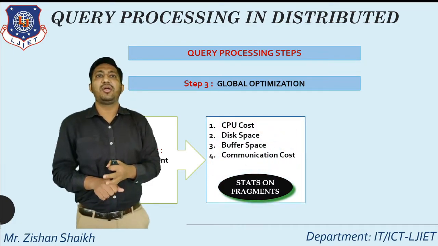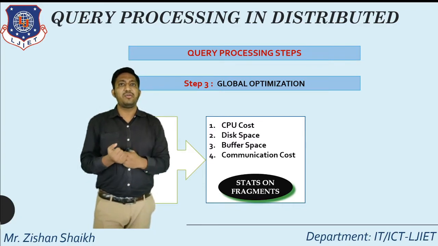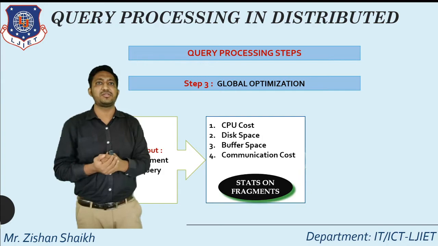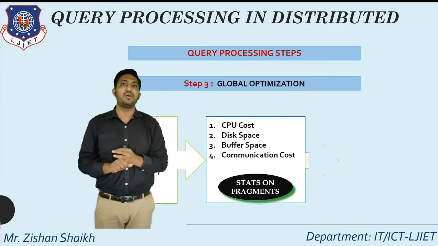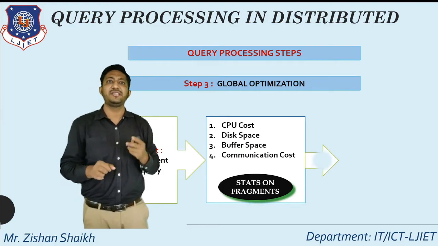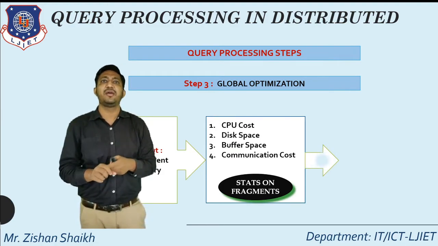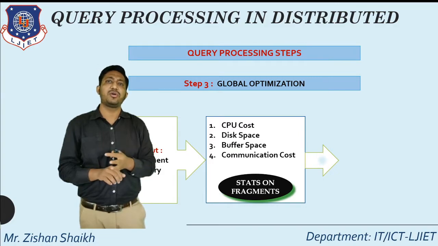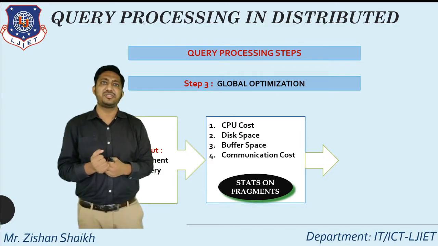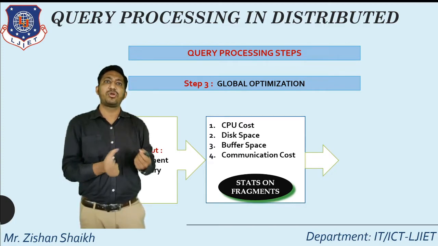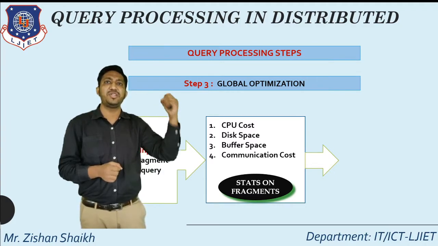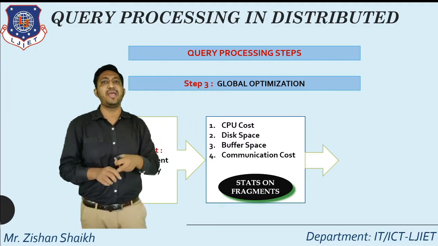Now, which factors will be affected? If we execute our particular query, the fixed costs will be CPU cost, disk space and buffer space. These 3 costs are exactly as in a centralized system, but in a distributed system we get more cost of communication because we don't know exactly at which place our particular query will be executed.